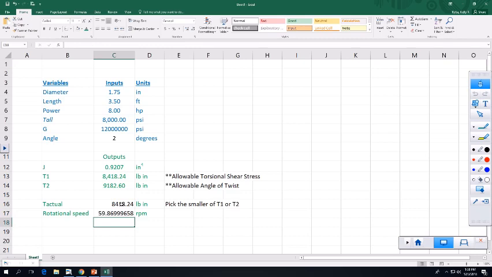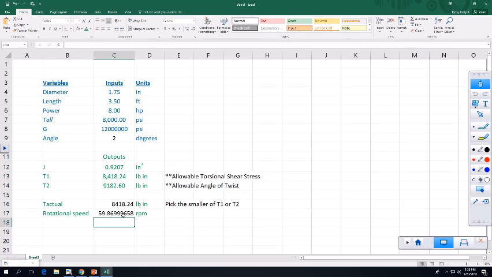Enter. And it looks like I'm off by decimals. Let's see what I did wrong here. 63,000 times power divided by 8418. Yeah. I'm getting 5986.